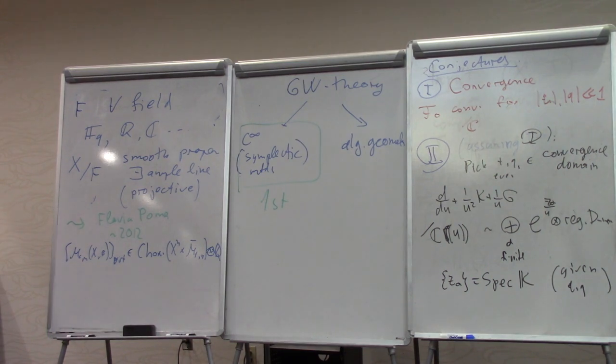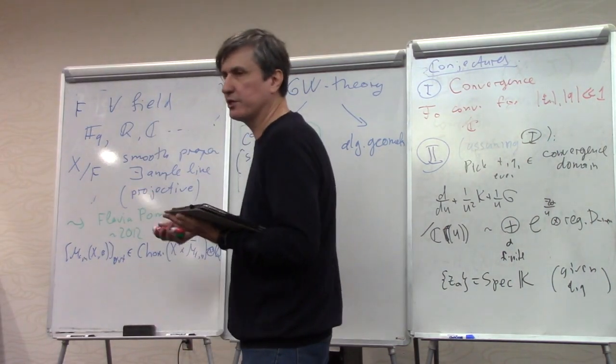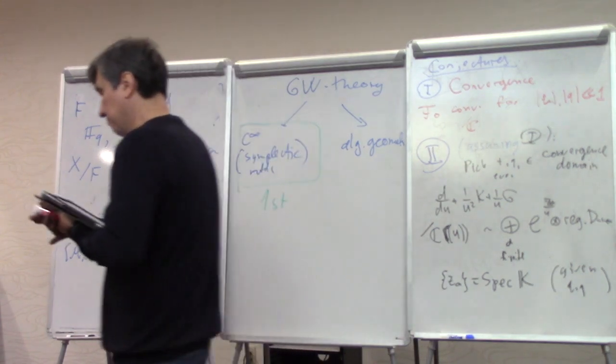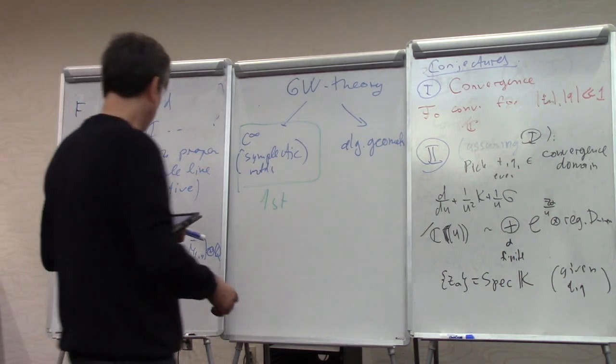These are cycles up to rational equivalence, and these are really huge things. They could have uncountably many generators, and we do not have a very good understanding of what is going on here. So it's a much more delicate invariant.